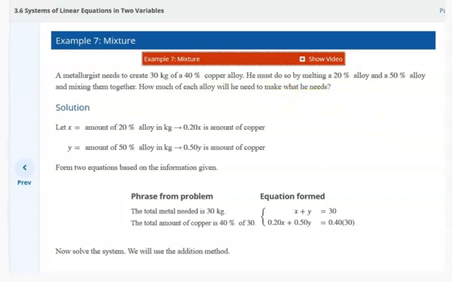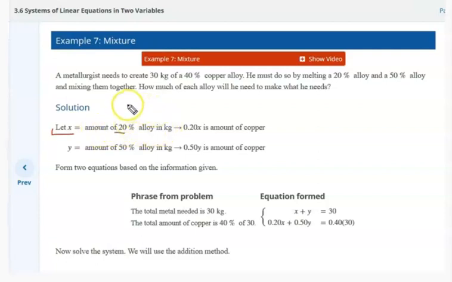Now, as we go to the solution of this, we'll take a look at defining our variables. And they do a nice job, so this is what I would copy. Let X be the amount of the 20% alloy.